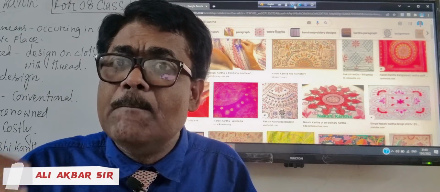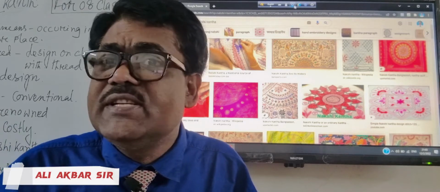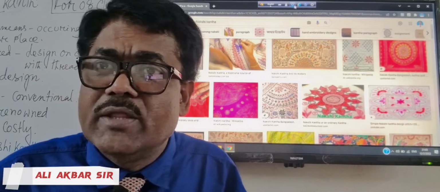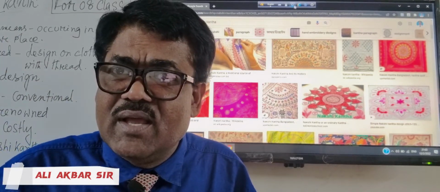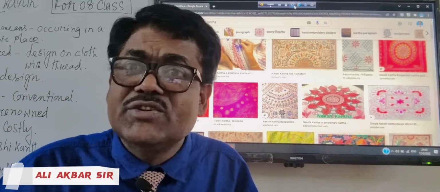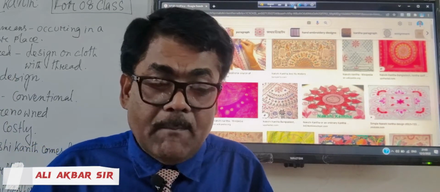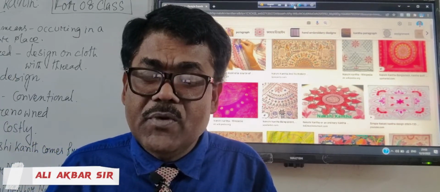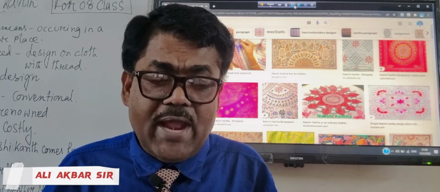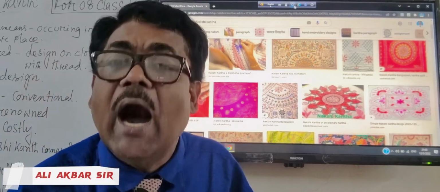These two countries have a traditional history of Nakshi kantha. But in Bangladesh, Mymensingh, Jamalpur, Rajshahi, Faridpur, Bogura and Jashore are the most famous districts for Nakshi kantha.